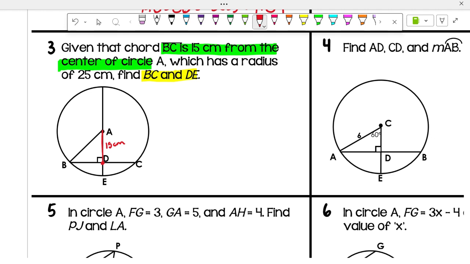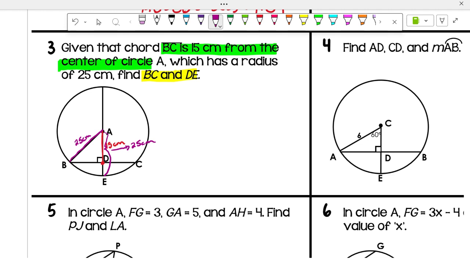The radius is 25. All right. So the radius is AB because it's from center to the end. That's 25 centimeters. What other segment is also considered a radius? AE. So AE is also considered a radius, and it's 25 centimeters.